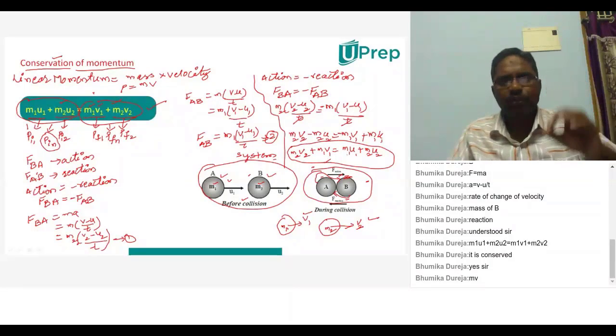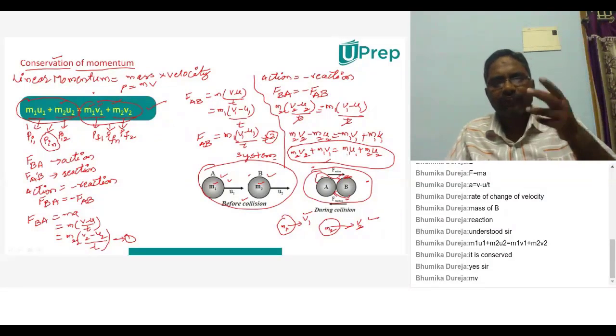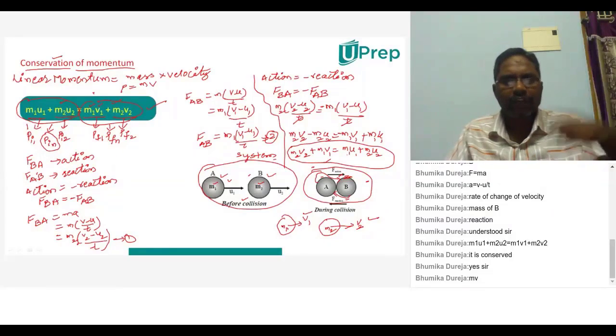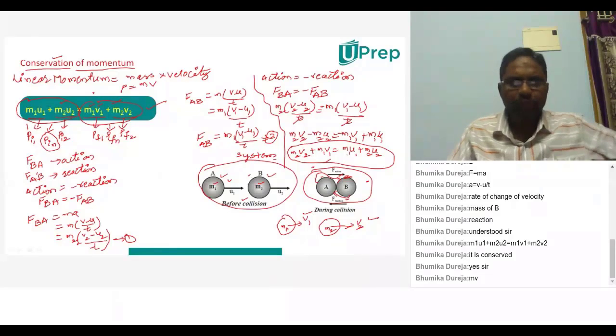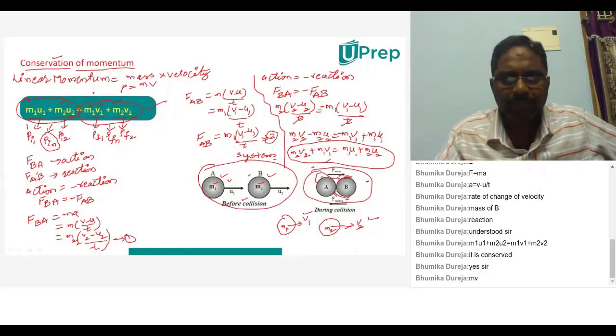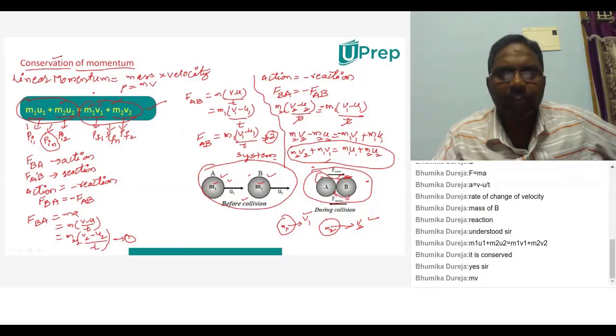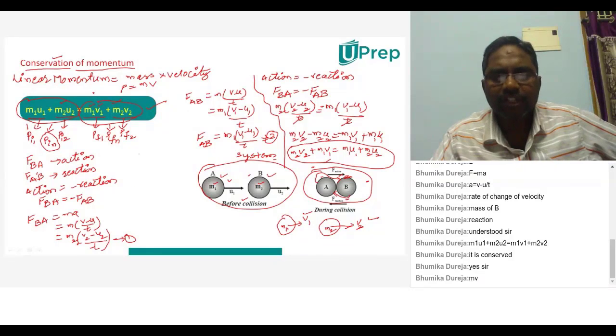Whenever you want to find either the V1 value, V2 value, M1 value or M2 value, generally in your examinations questions will be given based on this. That means numericals will be given, and in that numerical they will generally give three physical quantities.